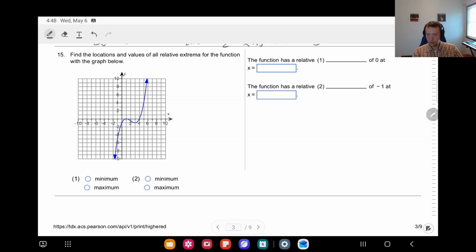Number 15. We've got a graph here. We want to find the locations and values, so that's x values and y values, of all relative extrema. So that's like local maximum or local minimum. Okay, so this is a bit of a funny way to do it. The values they've told us already, that is the y values.